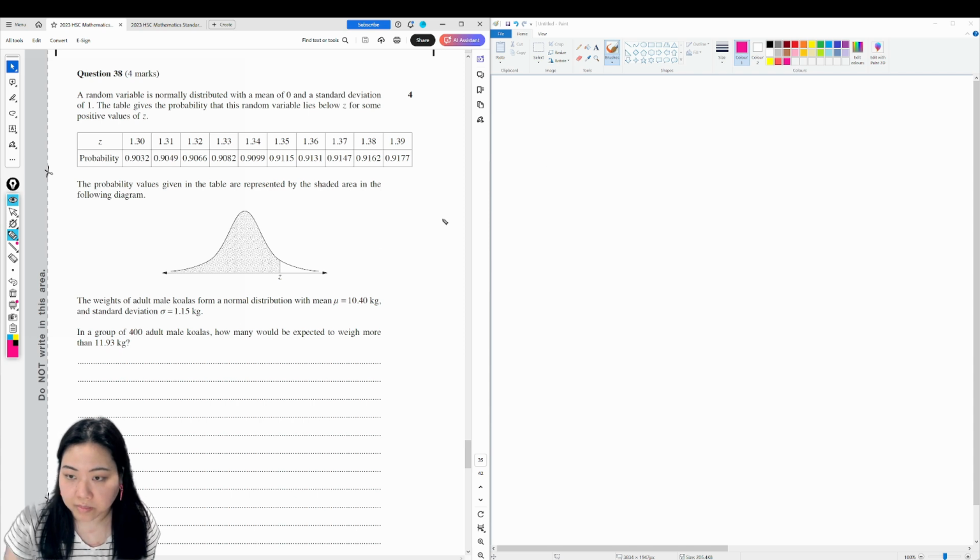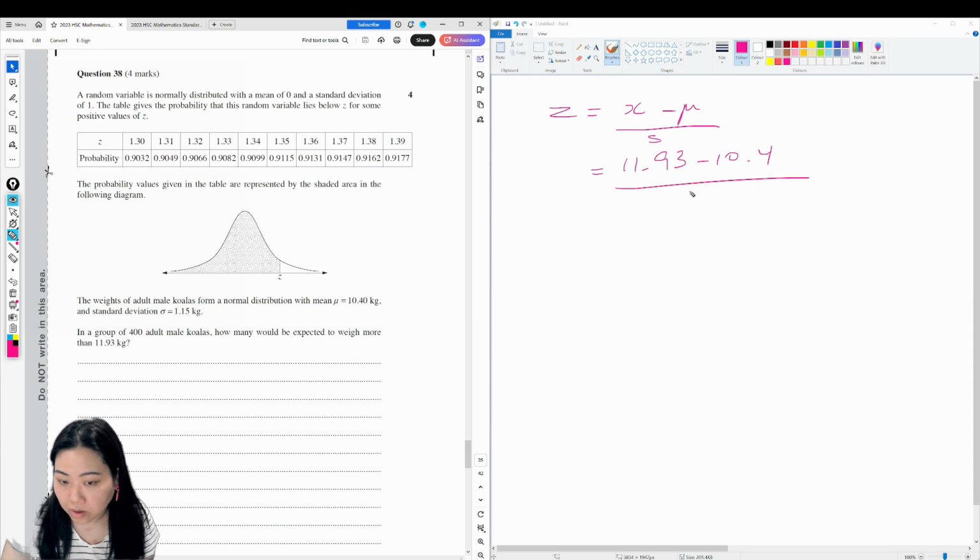I need to know what the z-score for 11.93 kilograms is. Z-score is the weight minus the mean over the standard deviation. Therefore, that's going to be 11.93 minus 10.4 over 1.15.